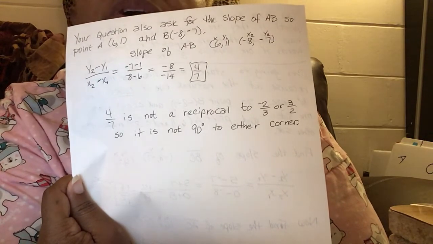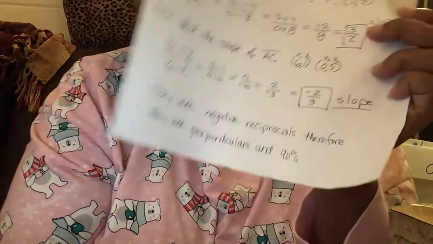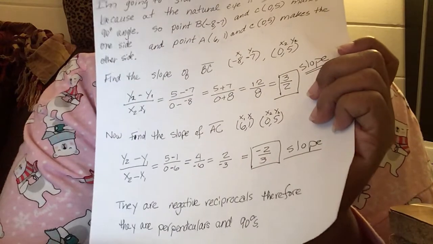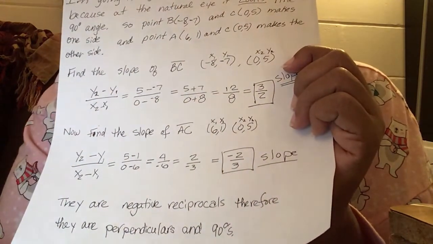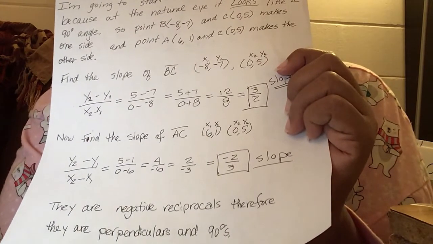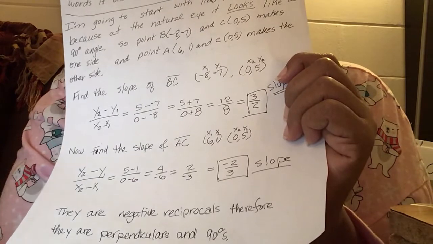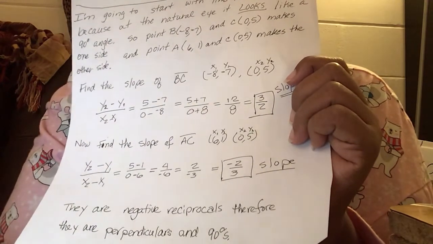Therefore, BC and AC are your perpendicular lines.